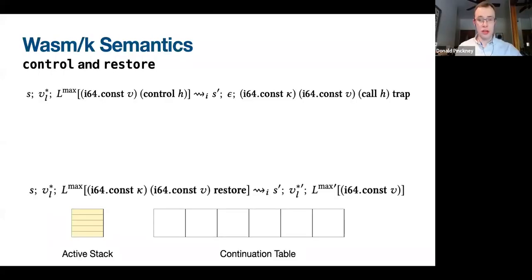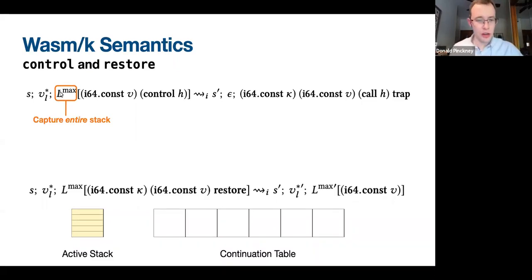Okay, so now in Wasm-K, let's look at the semantics of control. So the top line is the reduction rule for control. So control is taking this immediate argument, which is the function for the control handler, and then this v is just something that's on the stack, which will then be passed to the h function.